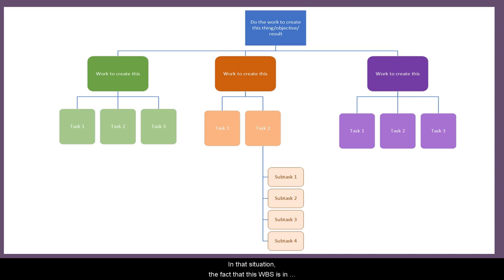In that situation, the fact that this WBS is not balanced would be appropriate. But the idea of balance, and whether or not a WBS is balanced and why, is an important consideration for a project manager to keep in mind.